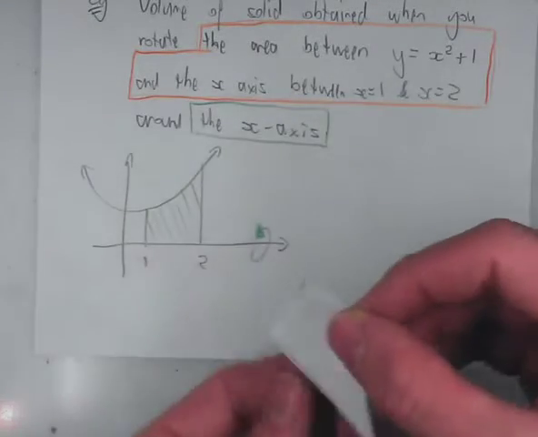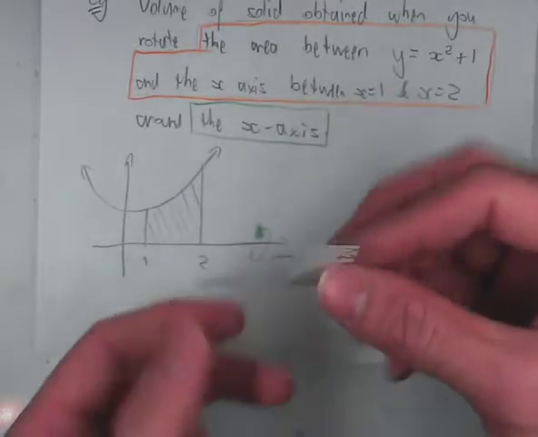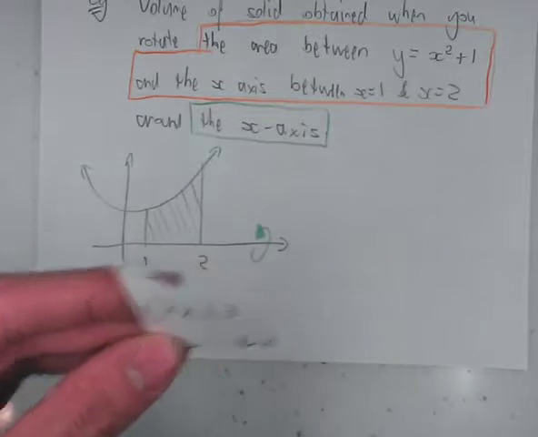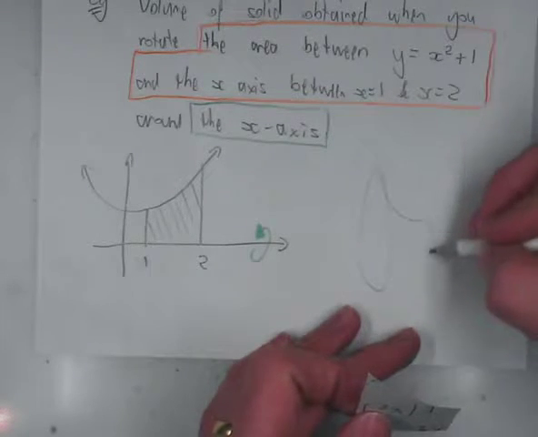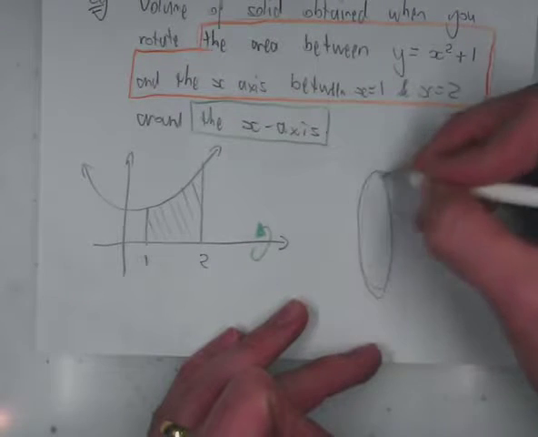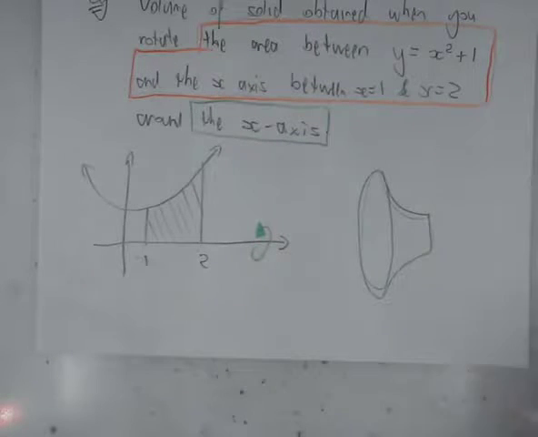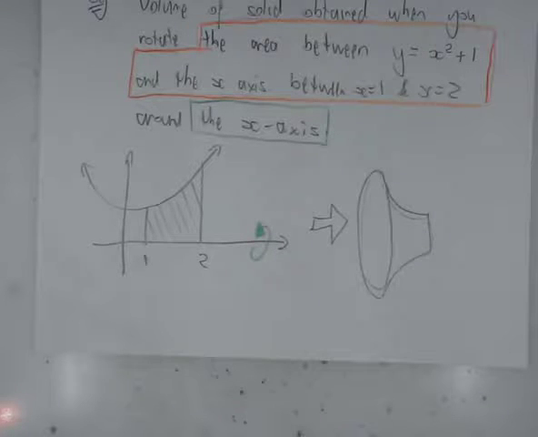So it can go round this way from above, you can see it that way. So the shape that's created is sort of like a volcano. It's going to produce something like that.